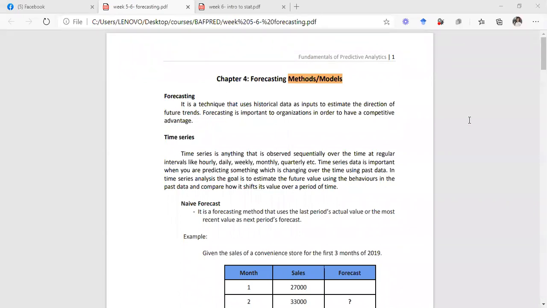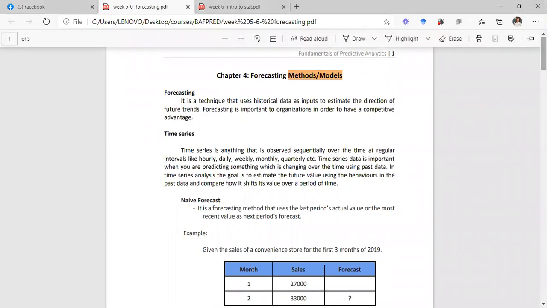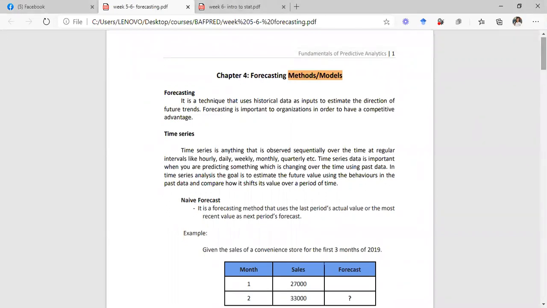Okay, class. So our next topic for today is all about forecasting methods or models. So when we say forecasting, class, in our base from our lecture, it is a technique that uses historical data, right? In descriptive analytics, we use historical data in order for us to get insights or to process the data into insights.